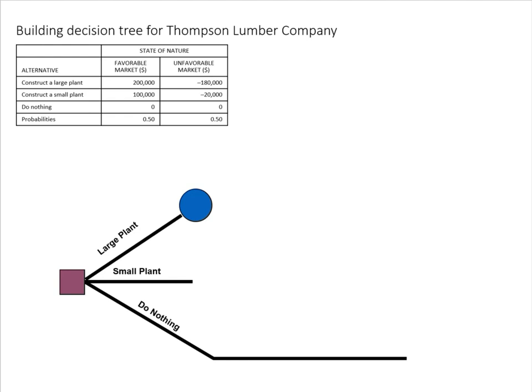Similar to the square representing the previous decision, once you draw a circle, you need to use branches to represent possible outcomes. There are two possible outcomes because the market can either be favorable or unfavorable. So I draw two branches out of this circle to represent these two outcomes.